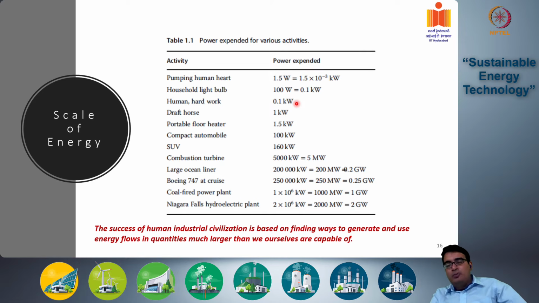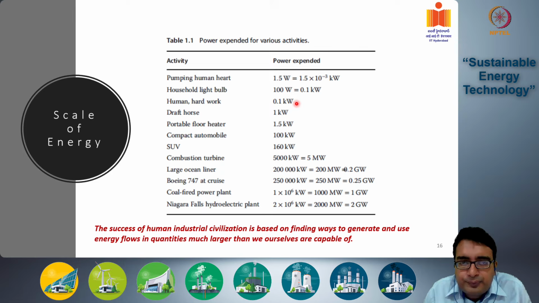You as a human being can generate 0.1 kilowatts or 100 watts, like your light bulb. The total energy requirement of a human being as it is working is less than 100 watts, so the human body is very energy efficient in that sense. But a horse can pull more, doing the work of 10 human beings. So 0.1 kilowatt to 1 kilowatt is 10 human beings.